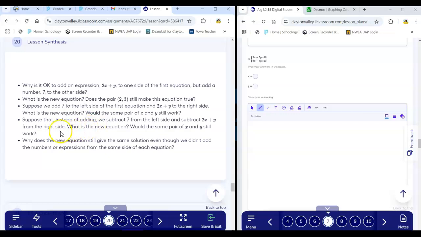So now what if we added 7 to the left side of the equation and 2x plus y to the right side? What would that new equation be? And would you end up with something that's true? Let's go to Desmos and I'm going to demonstrate this situation for you.